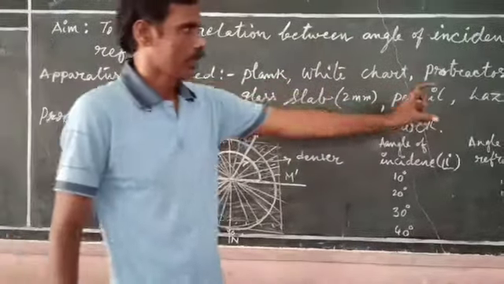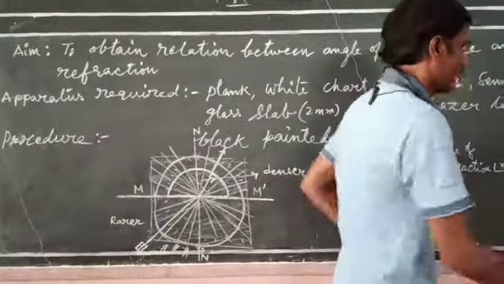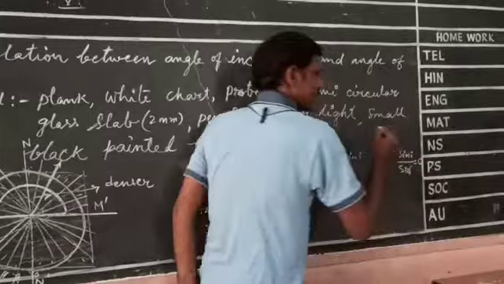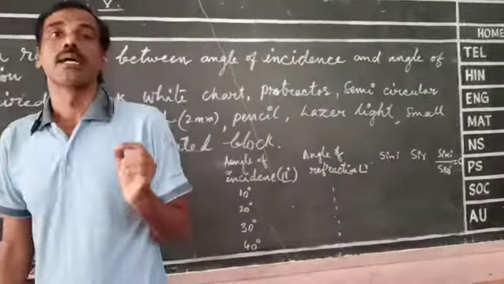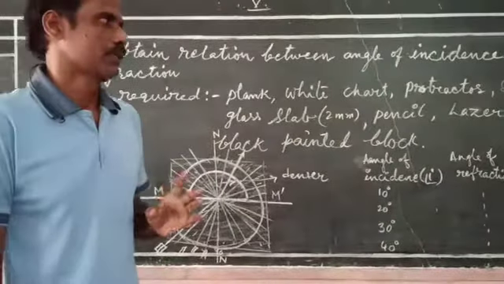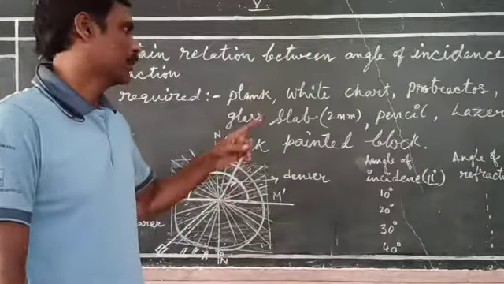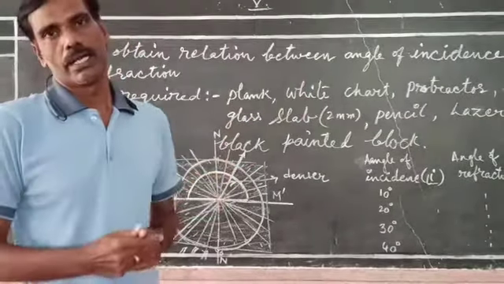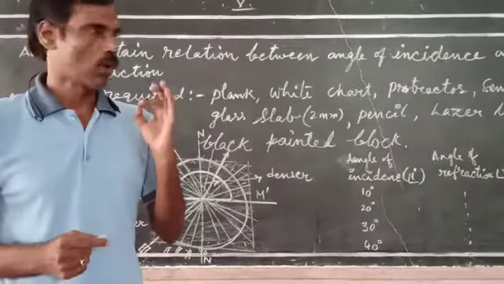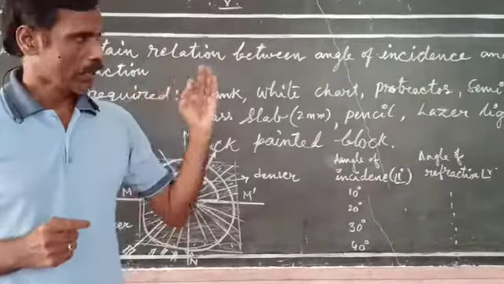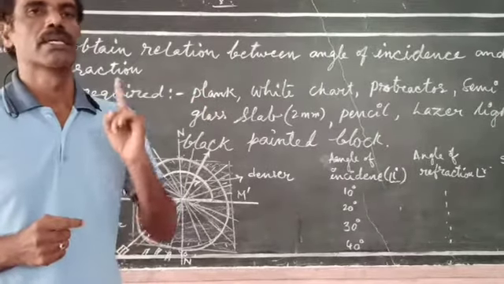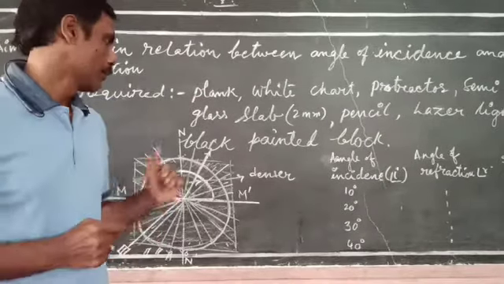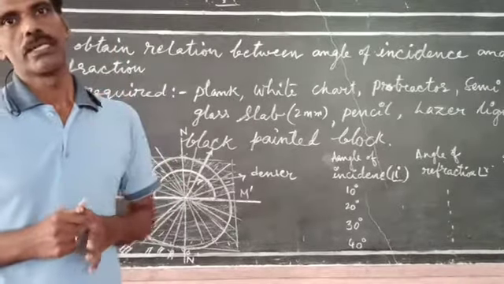This gives the relation that sin I by sin R is C, and this ratio is nothing but the refractive index. This is the relation between angle of incidence and angle of refraction. So always sin of angle of incidence by sin of angle of refraction is constant for two different media.